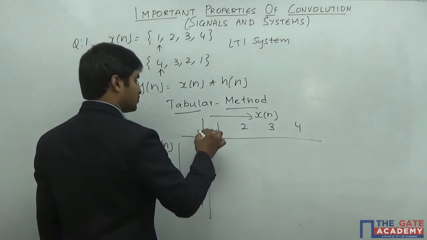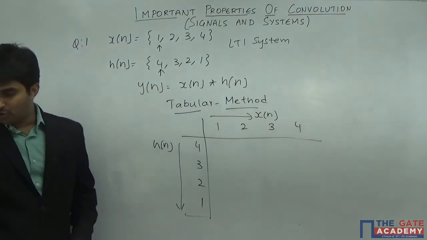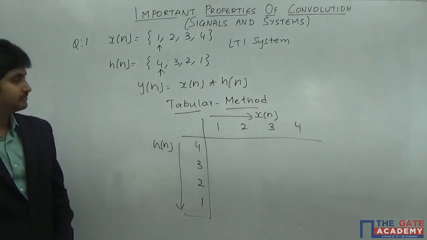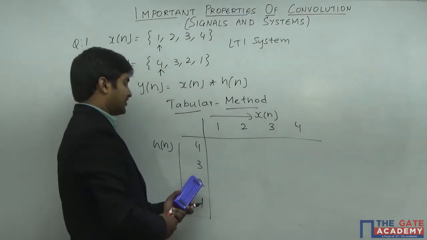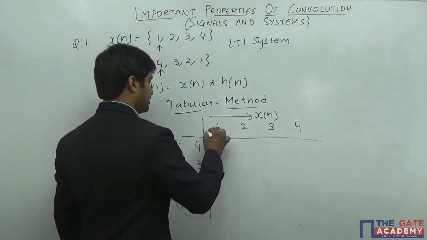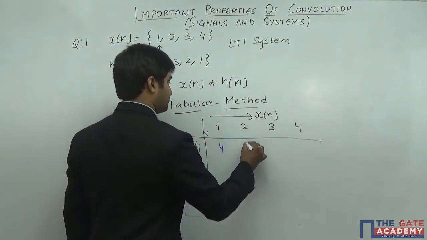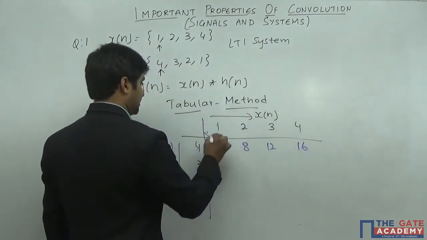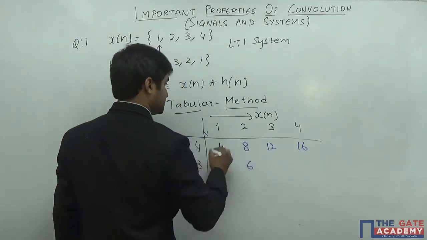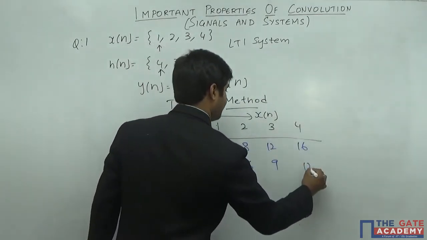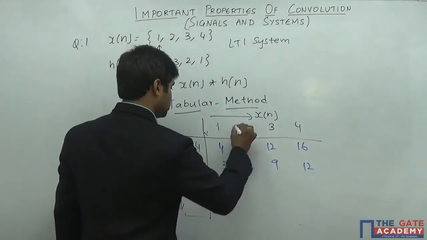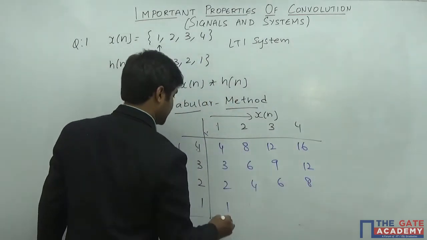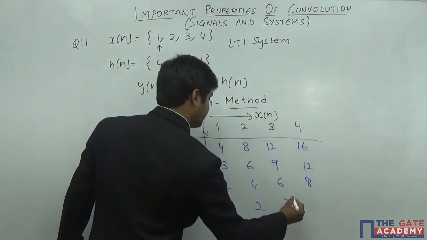So here I just want to multiply the samples that I have over here. After multiplication, 4 into 1 is 4, 4 into 2 is 8, 4 into 3 is 12, 4 into 4 is 16. 3 into 1 is 3, 3 into 2 is 6, 3 into 3 is 9, 3 into 4 is 12. 2 into 1 is 2, 2 into 2 is 4, 2 into 3 is 6, 2 into 4 is 8. 1 into 1 is 1, 1 into 2 is 2, 1 into 3 is 3, 1 into 4 is 4.